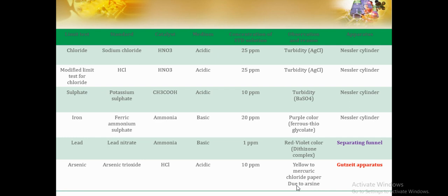In case of limit test of iron, we observe the purple color because of the ferrous thioglycolate complex. In case of limit test of lead, we observe the red violet color because of the dithizone complex.